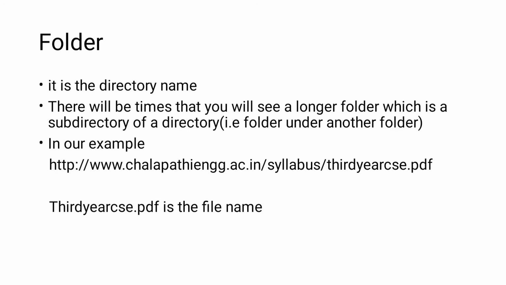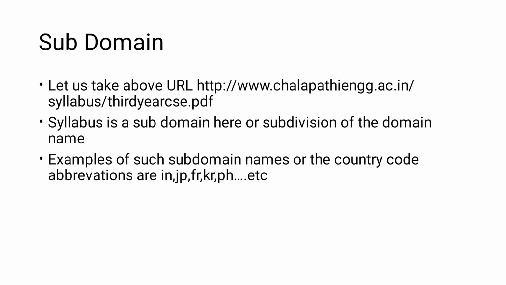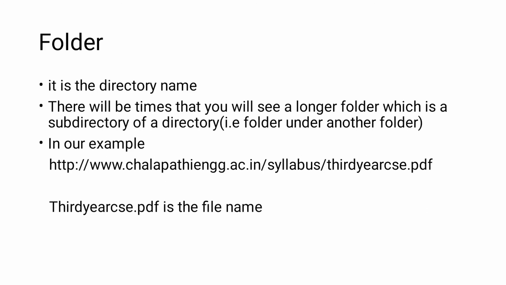The first one is the protocol, the second one is the domain, the third one is the subdomain, and the fourth one is the file or directory or folders. In our example, HTTP is the protocol, this is the domain, dot in is the subdomain, and the syllabus slash third year CSE.pdf is the folder here. So this is about the URL. Thank you one and all.